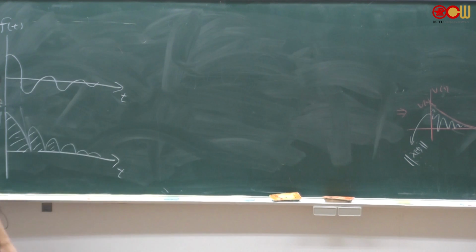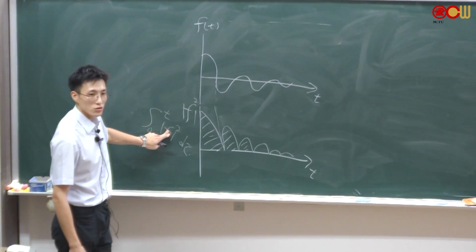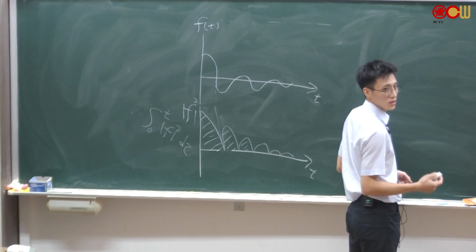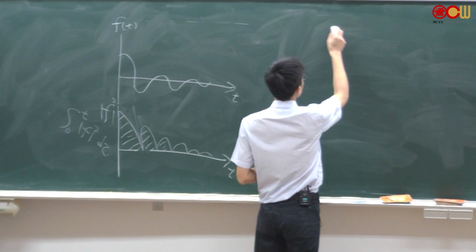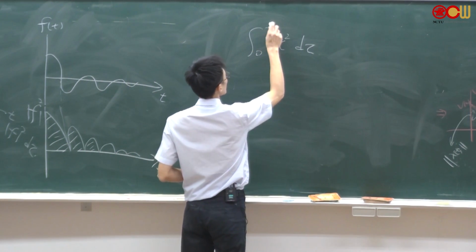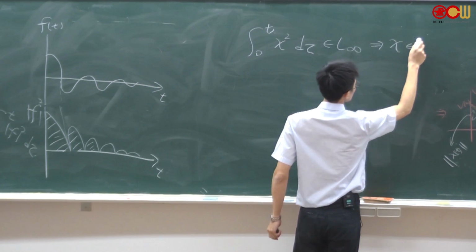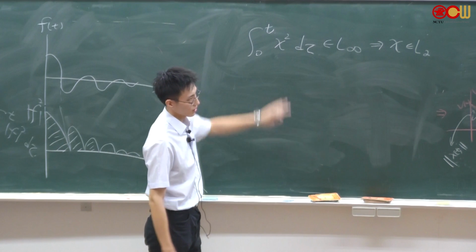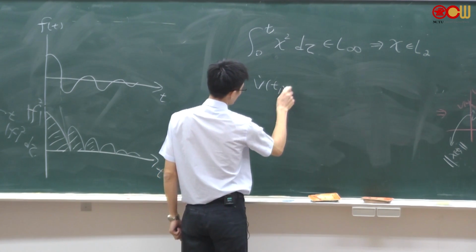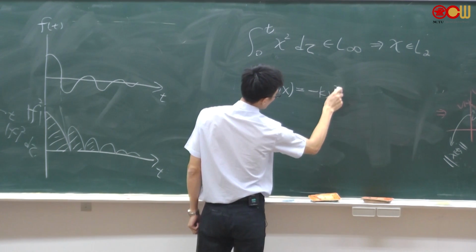Why does this imply x belongs to the L2 function class? L2 means the integral of the square of the function is bounded, right? So to prove x is L2, you need to integrate x squared with respect to time. If it's bounded, it means x is L2. How do you show this? Use this condition: V dot equal to minus k x squared.